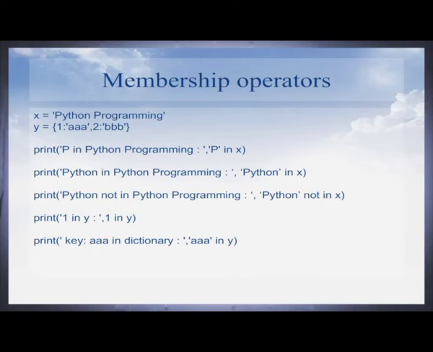Coming to the last statement, a in y. So, this is not possible because you cannot check for the presence of values in the dictionary. You can only check for the existence of keys. So, let us see what output we are getting for this program and see the results now.